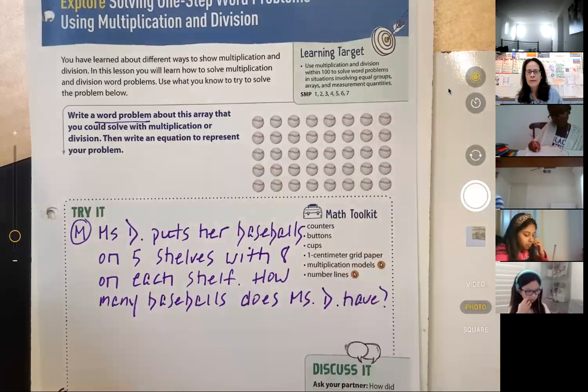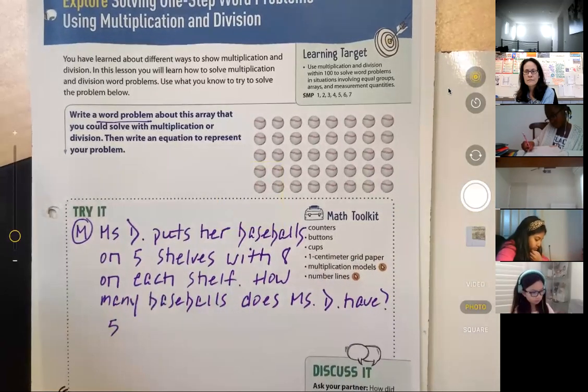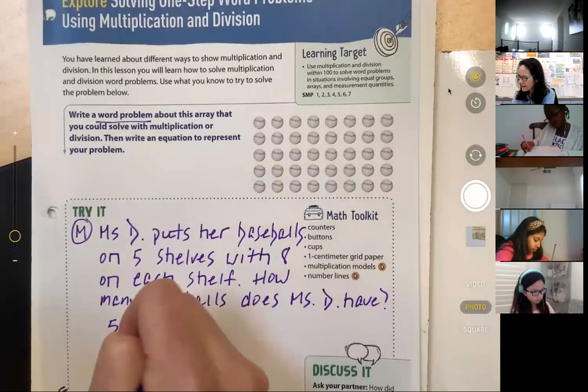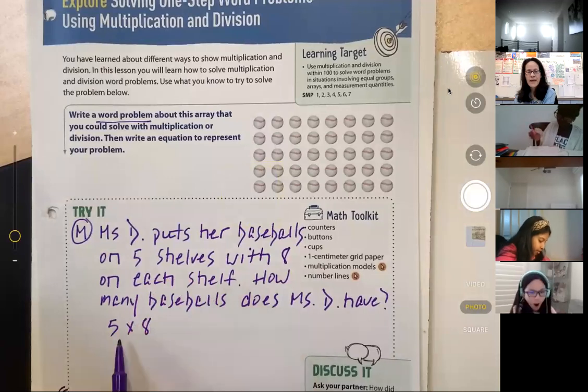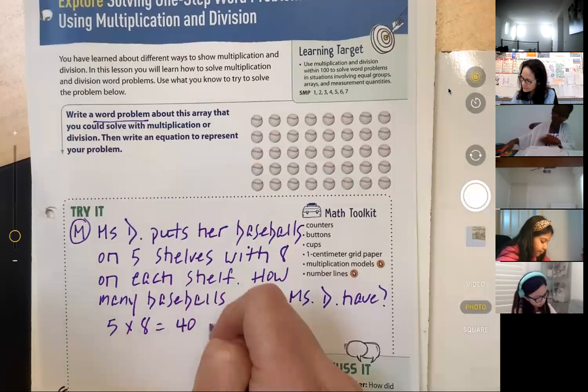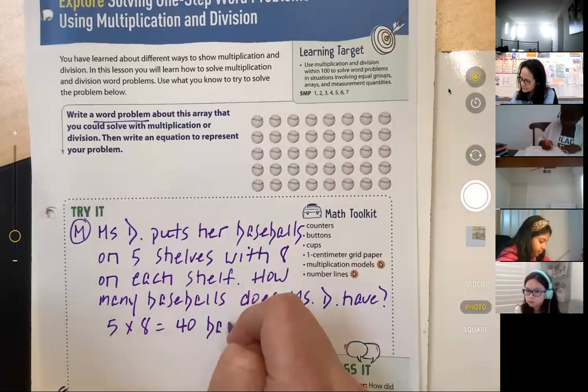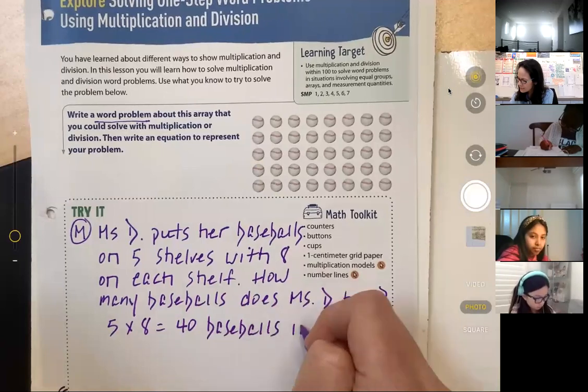How many baseballs does Miss D have? So 5 shelves or 5 groups with 8 on each shelf, 5 groups of 8 equals 40 baseballs in all.